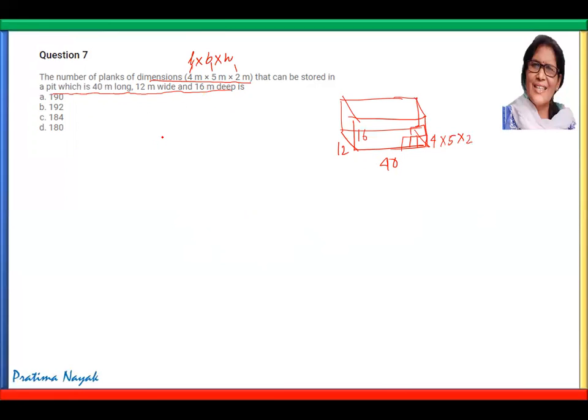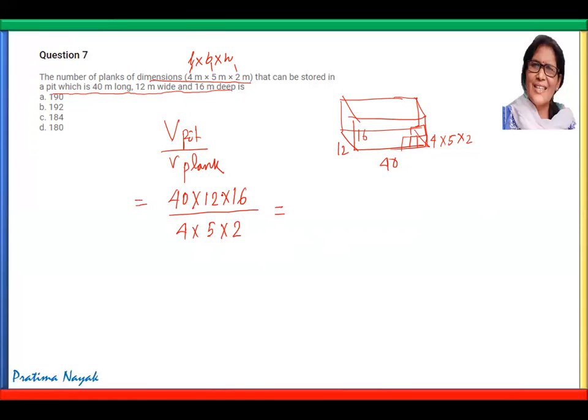That means the question is volume of the pit divided by volume of the plank. How many planks can be there? So volume of the pit will be length into breadth into height. So this will be 40 into 12 into 16, all in meter, and plank will be 4 multiplied by 5 multiplied by 2.